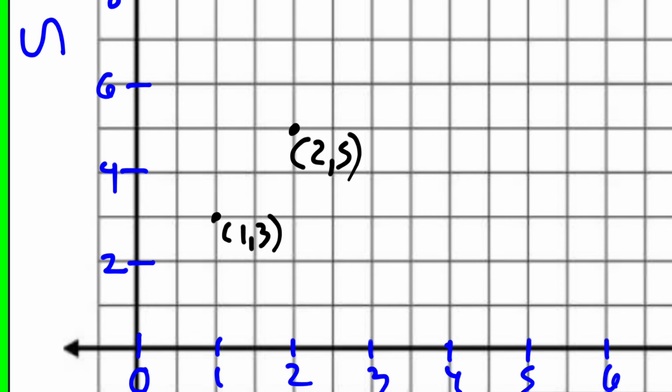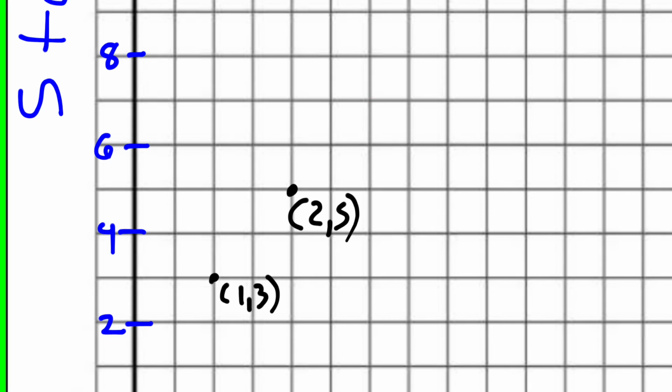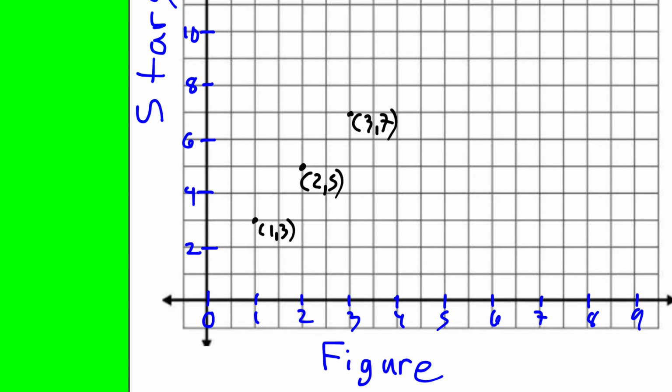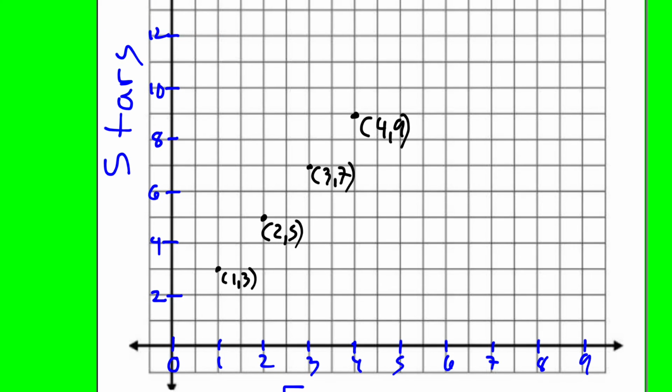Then next, 3 on the x, 7 on the y. There's 7 right there. Then 4 on the x and 9 on the y. So start at 0, x first, y second. And then finally, 5, 11. 5 on the x, 11 on the y, right there.